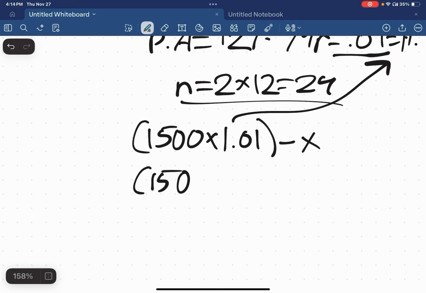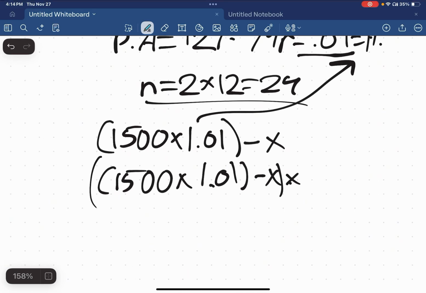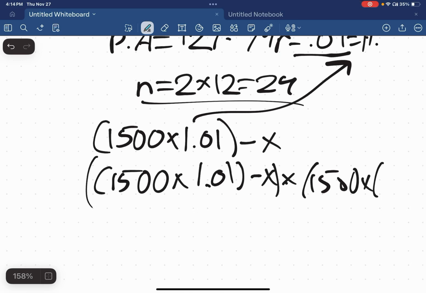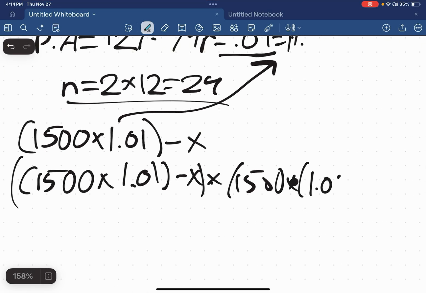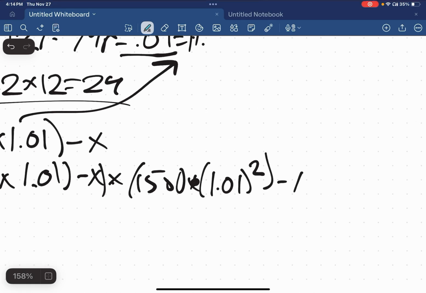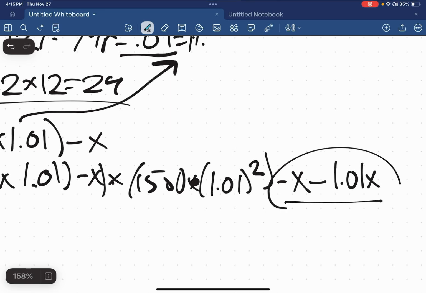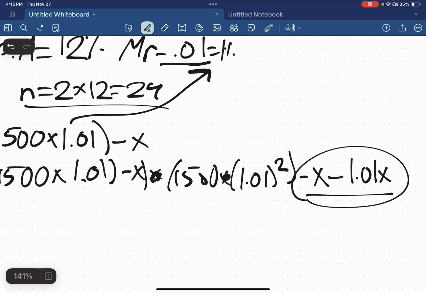After 2 months, it's going to be the exact same thing: 1,500 times 1.01 squared, minus however much he paid off the first time, minus 1.01x, and that's how much he's basically paid. That's also multiplication.